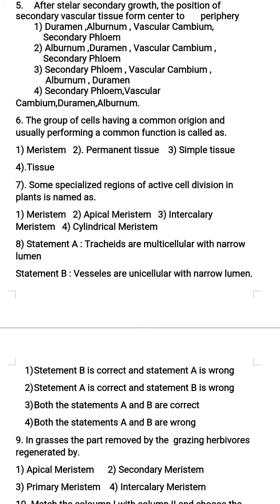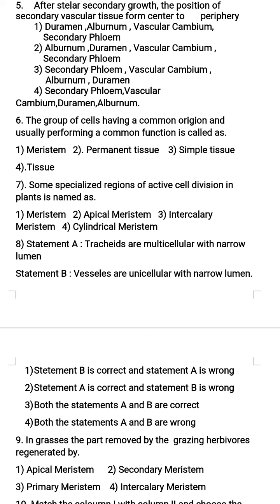But here I would like to tell you about tissues, how the tissues are forming. A tissue is a group of cells having a common origin and usually performing a common function. A plant is made up of different kinds of tissues.